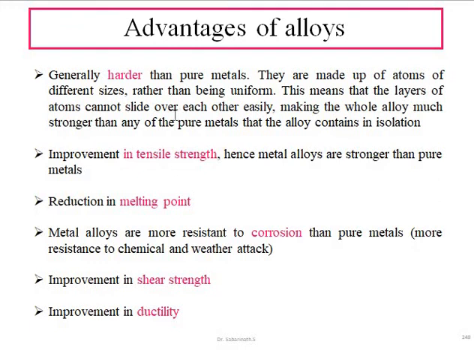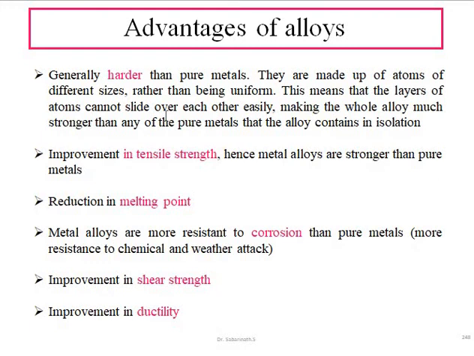That extra or new atoms which differ in size will make a hindrance to the smooth flow of these metals or the smooth lattice structure. So that smoothness inside will be disturbed.